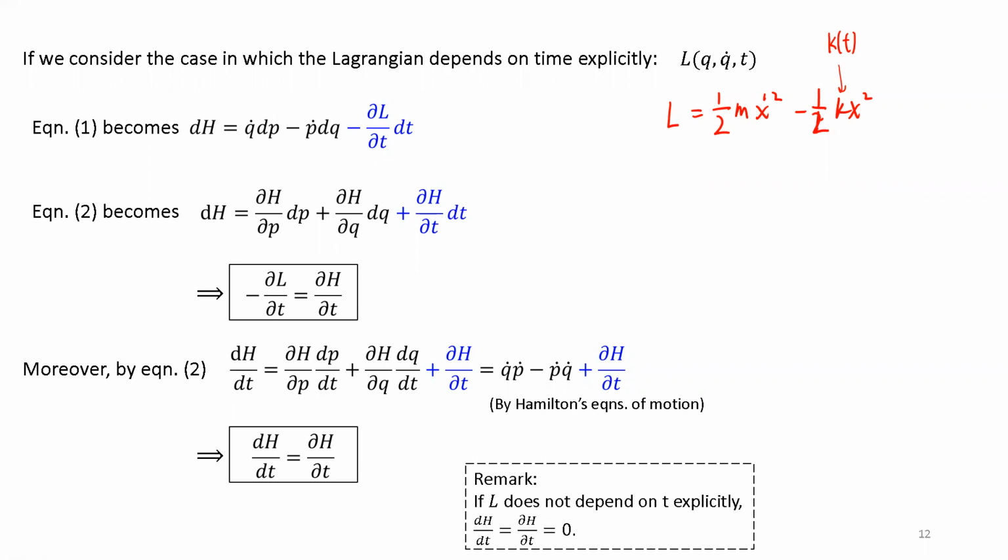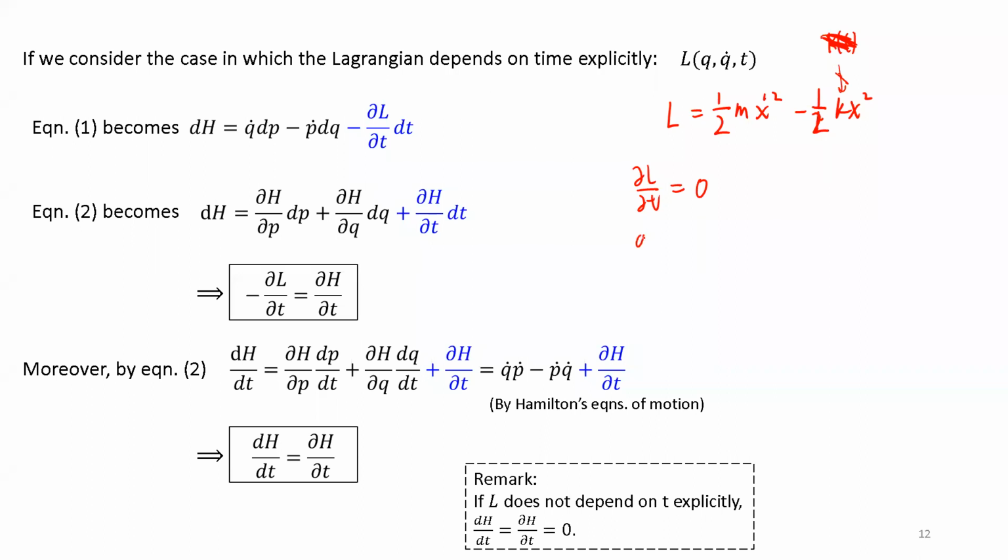And if partial H partial t is 0, then dH/dt has to be 0. But that's not the case for the Lagrangian. I'm just keeping a constant k now.